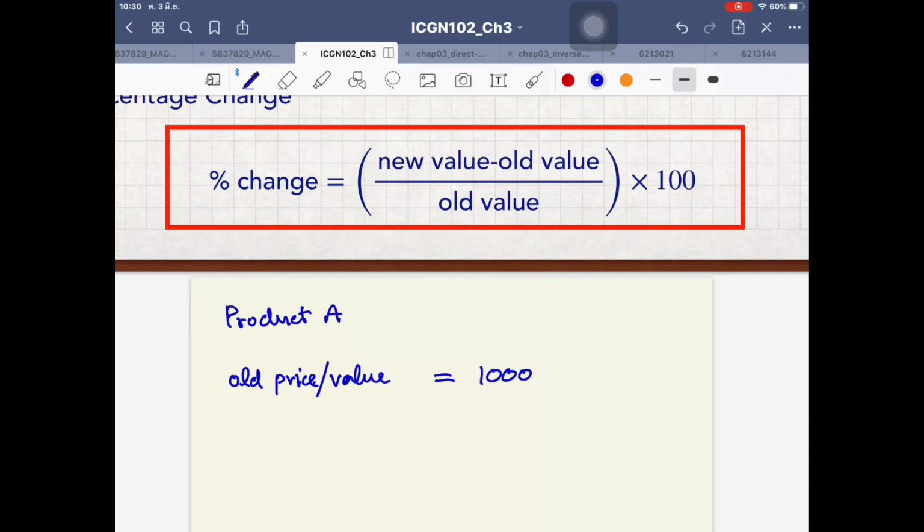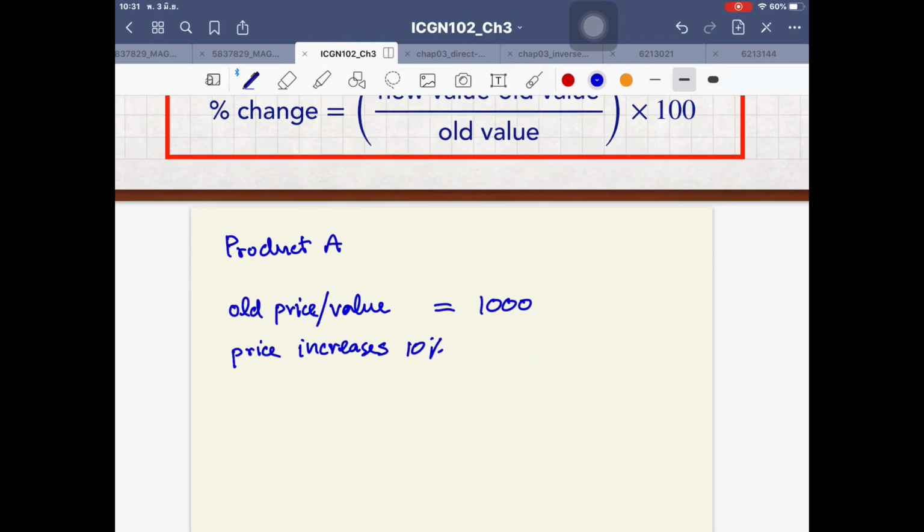Okay, and then how about if the price increased by 10%? So here you can see that 10% of 1,000 will give you 10 over 100. 10% means you want to compare 10 to the number 100.